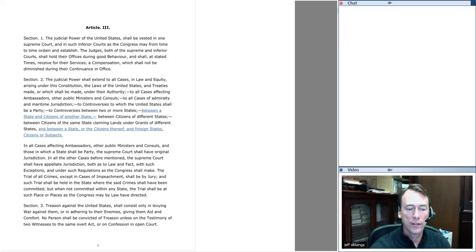And when you look at Section 2, I think what you're seeing here is the founders saying, Section 1 says an independent constitutional status.